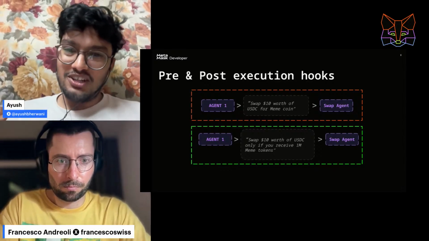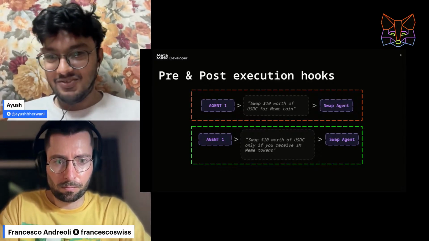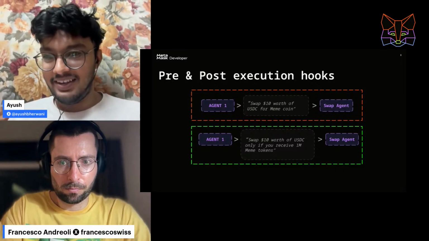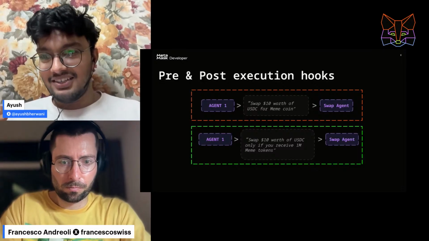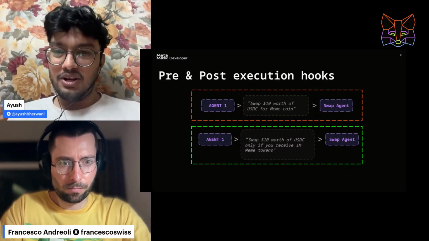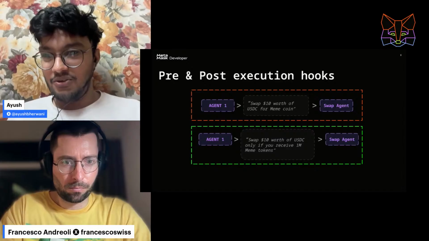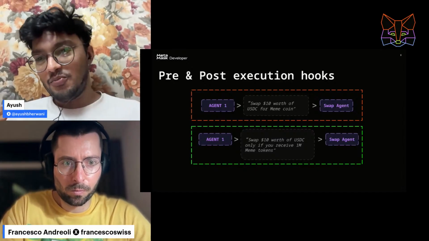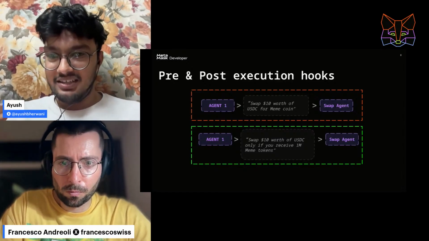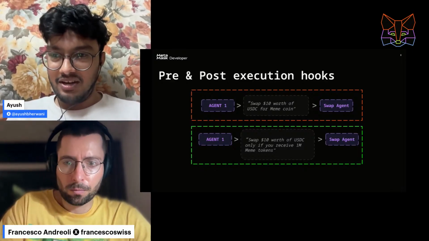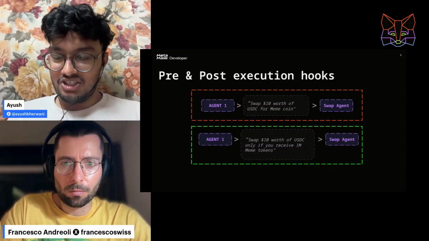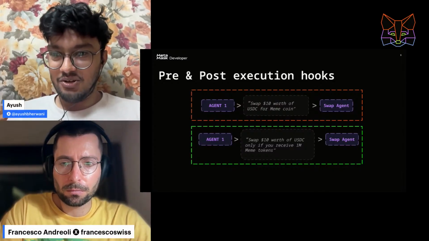To solve this problem, we have a different ERC, called ERC 7715, which allows you to directly give permissions from the wallet. So now you can have your MetaMask wallet and give permissions from the MetaMask wallet directly, saying that you can use $10 a day on my behalf, and the agent will be able to use that $10.